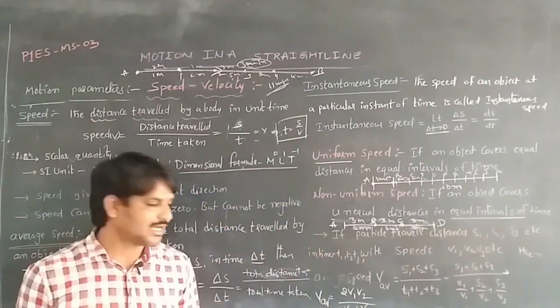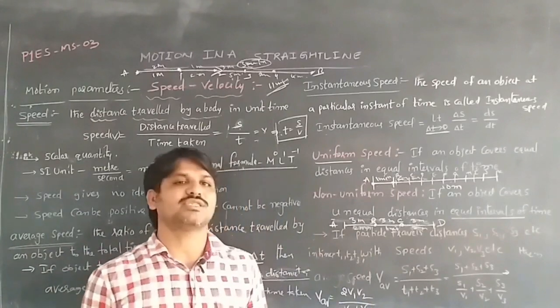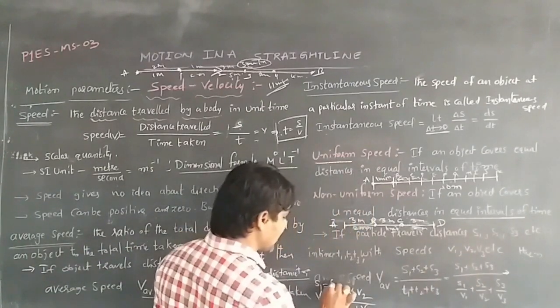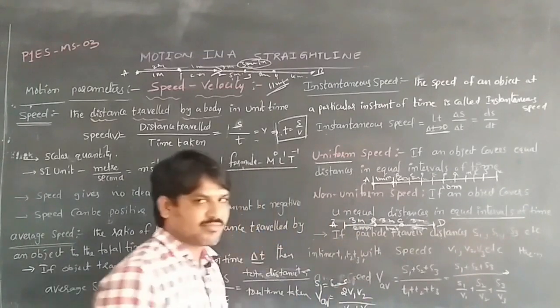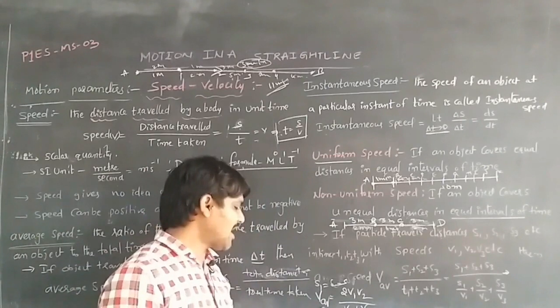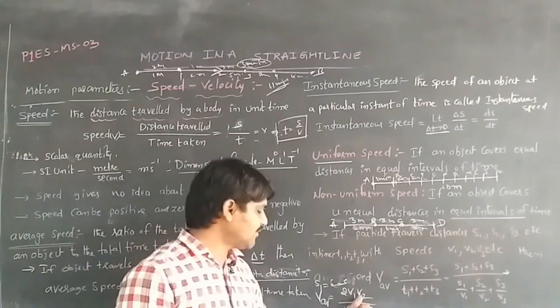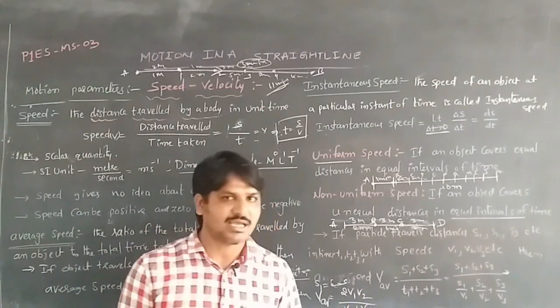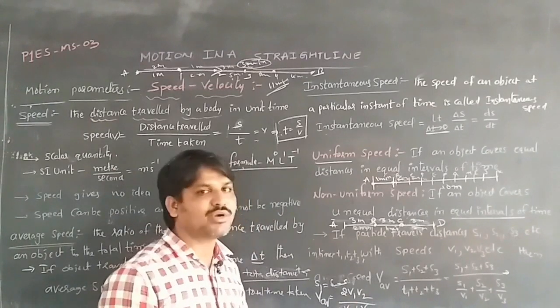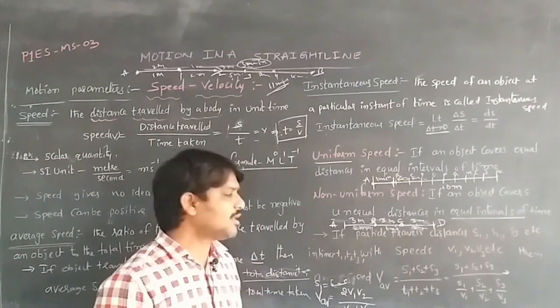Here we are taking two velocities and two equal distances travelled by a particle, then the average velocity will be 2v1 v2 by v1 plus v2. This is a very useful and important formula to do numerical problems.